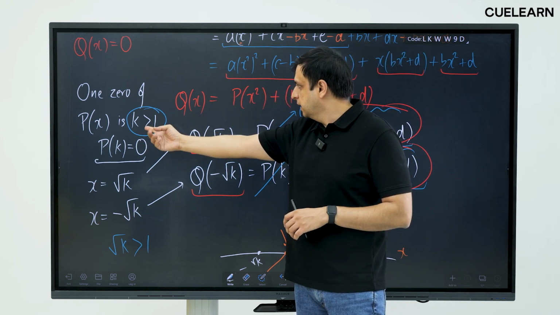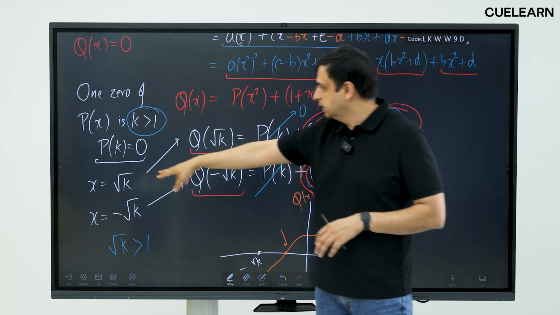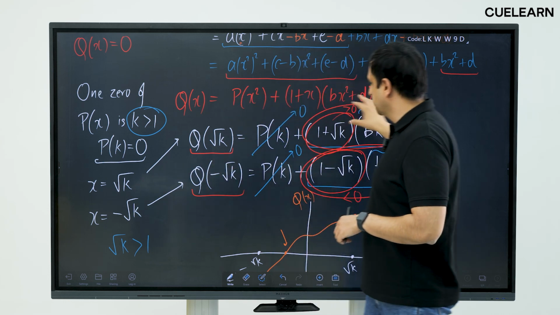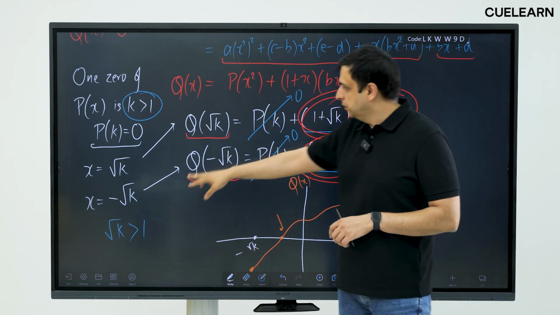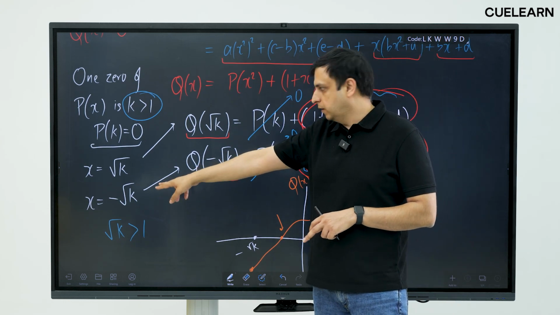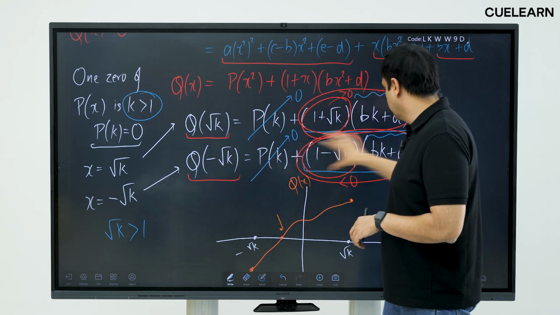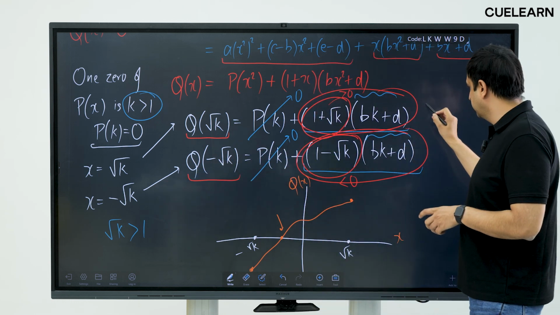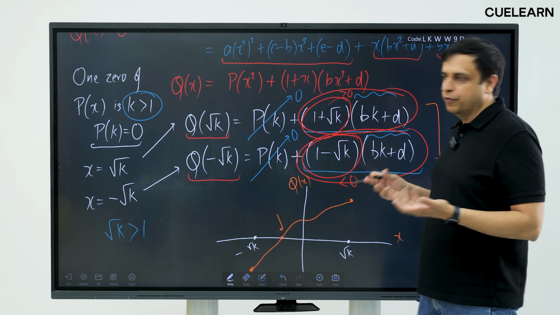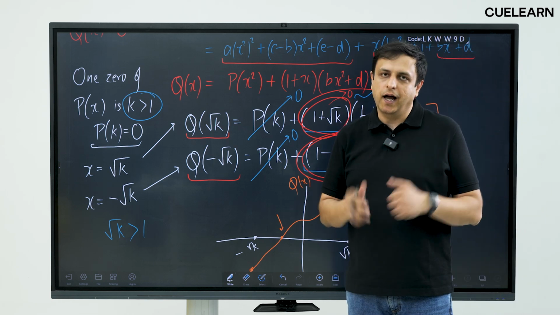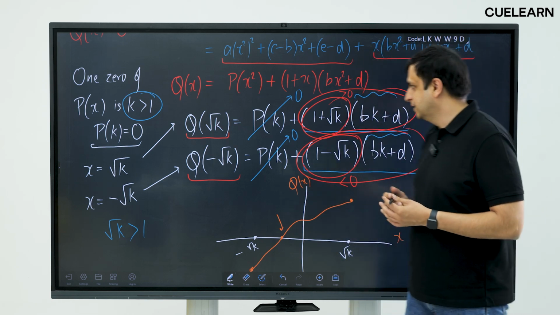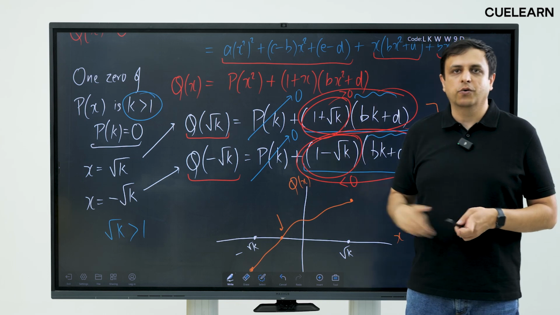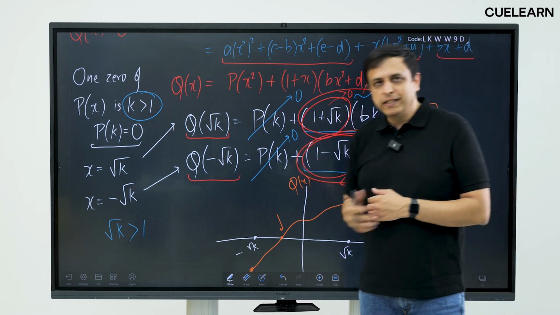So we took one of those zeros and we substituted the root of that 0, which is root k, into this equation that we got, and we also substituted the negative of that root, minus root k, and we got some other expression, and we were able to show that these two are of opposite signs. So q of x changes sign, which means it has at least one real 0, or the equation q of x equal to 0 has at least one real root. So, that completes our proof.